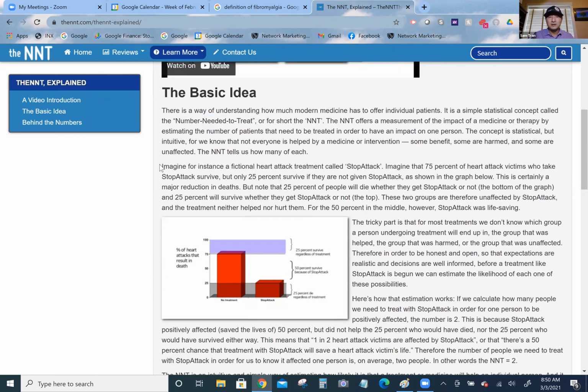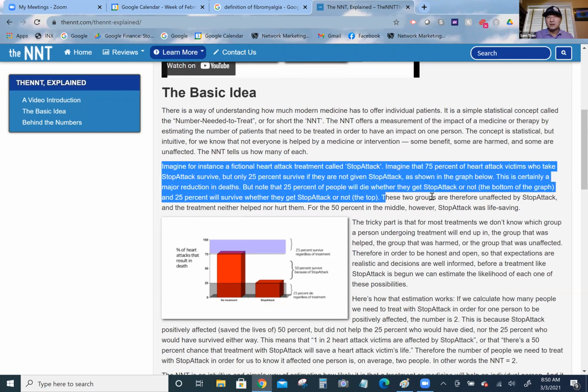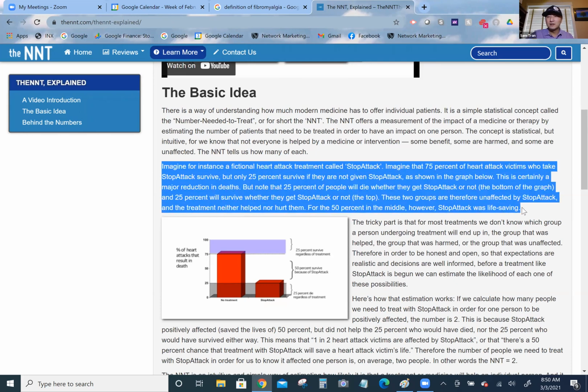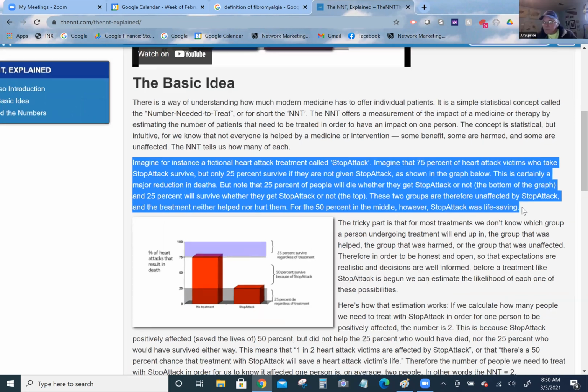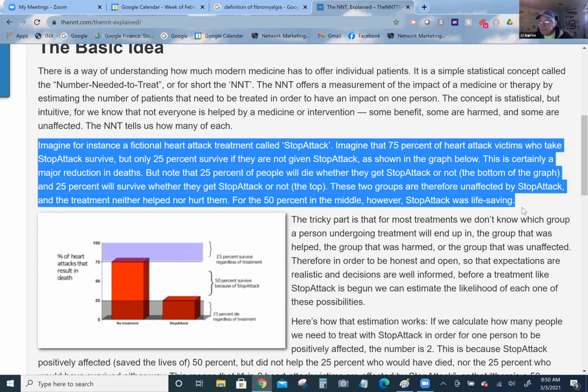Okay, it says, here, JJ, can you read that? Absolutely. Imagine, for instance, a fictional heart attack treatment called Stop Attack. Imagine that 75% of heart attack victims who take Stop Attack survive, but only 25% survive if they are not given Stop Attack, as shown in the graph below.